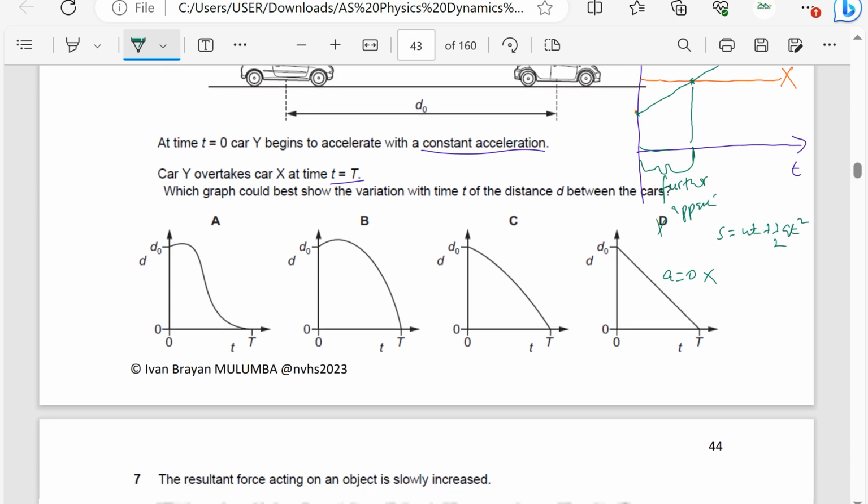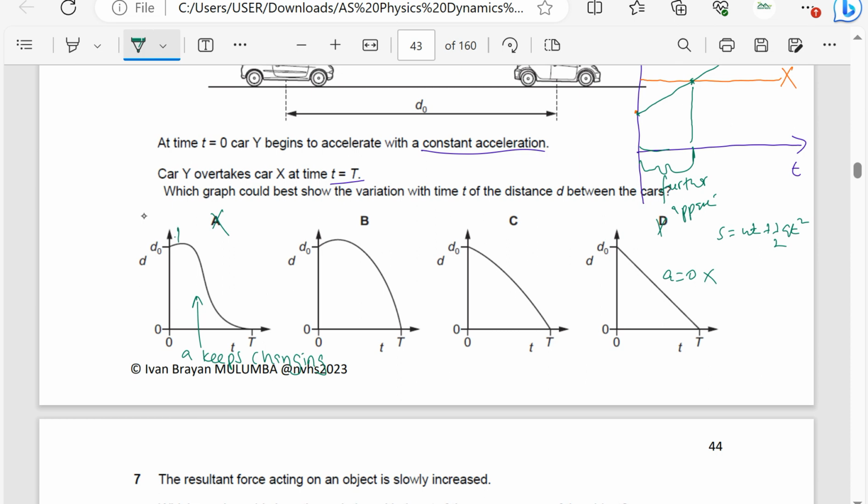So this one is also not correct. So this is showing A keeps changing because the gradient of v keeps changing. Remember, the gradient is going to be the acceleration. So this is also going to be out.